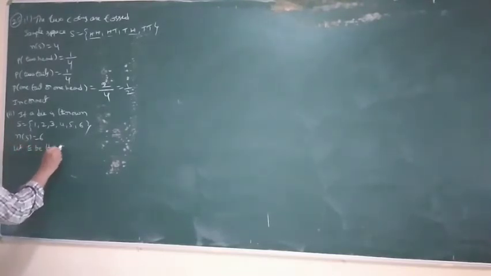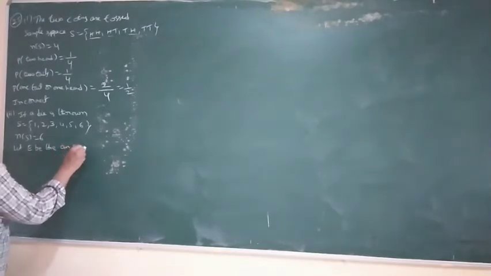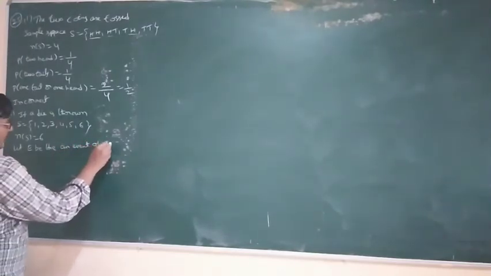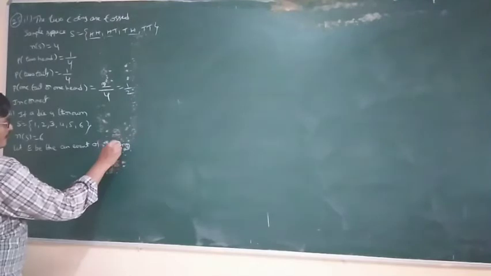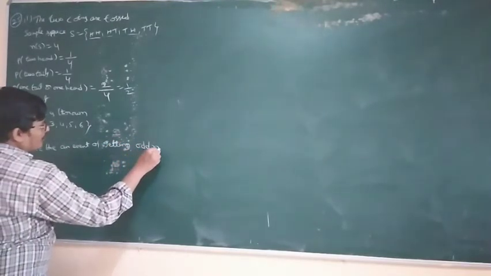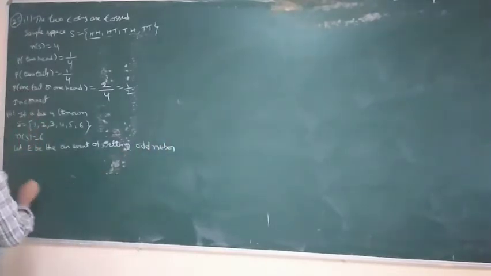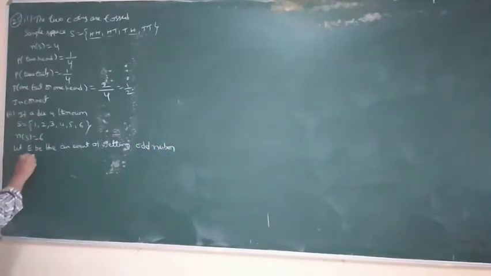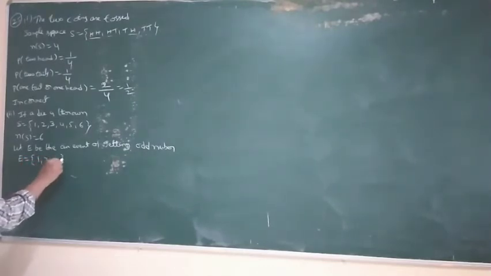Therefore, the probability of getting an odd number. Let E be the event of getting an odd number. How many odd numbers are there in the sample space? 1, 3, 5.